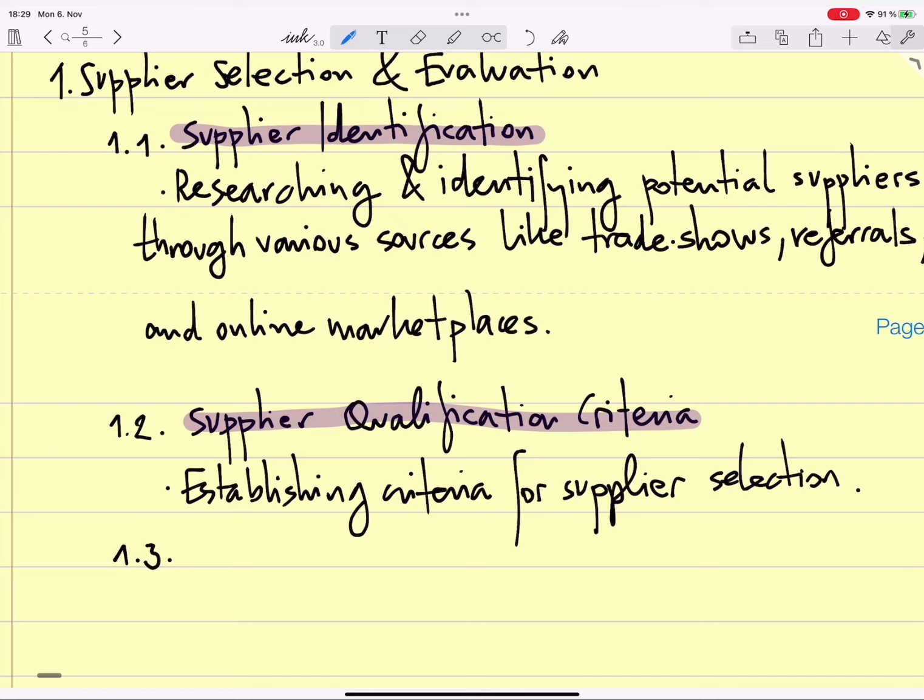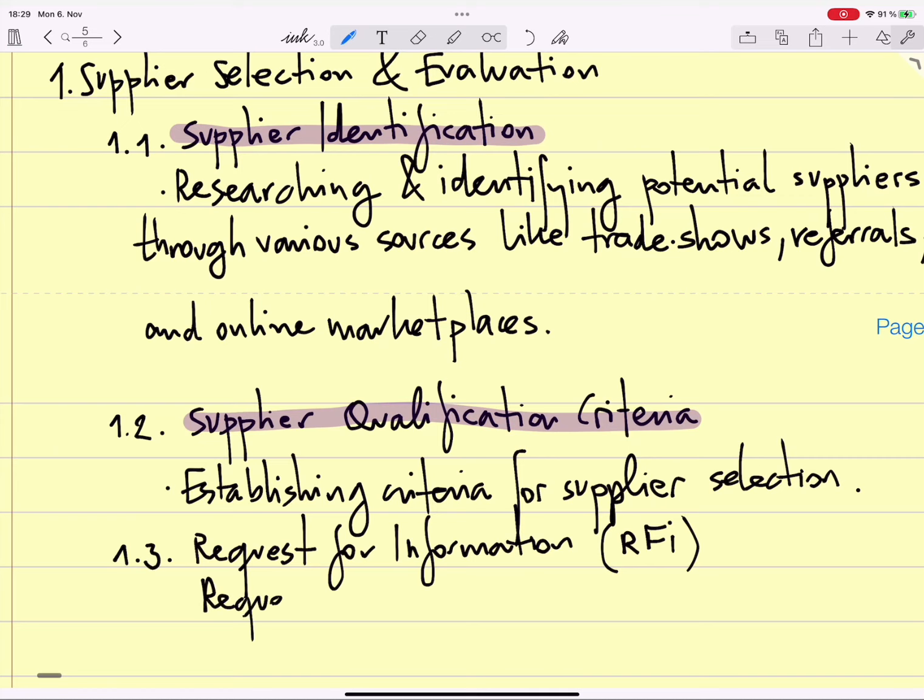1.3 is RFI, RFP, request for information, RFI and request for proposal, RFP.